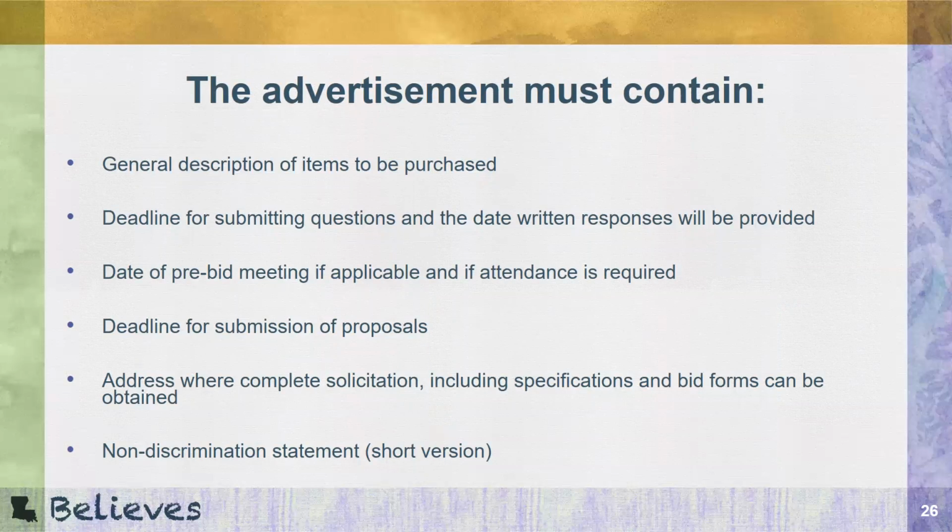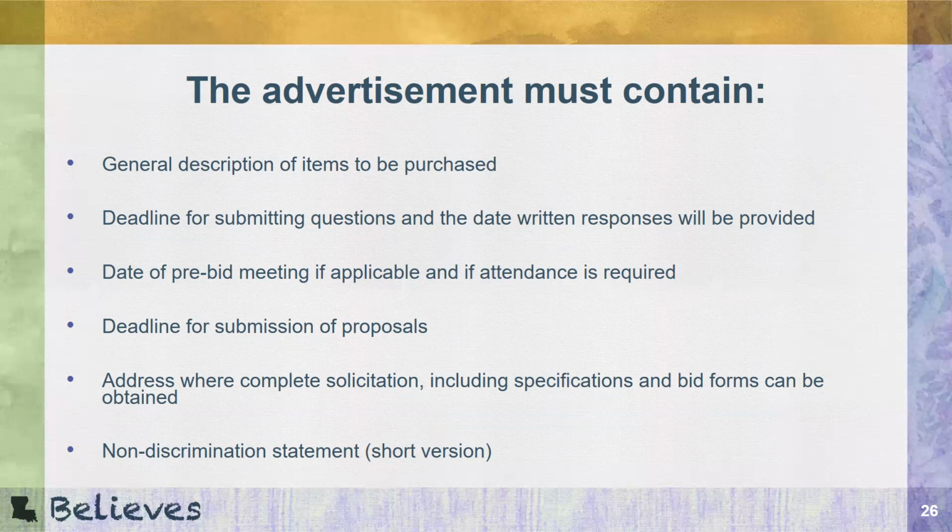Remember that your advertisement has to contain the following things: a general description of the items to be purchased, the deadline for submitting any questions, and when they're going to receive a response to their questions, the date of the pre-bid meeting, if there is a pre-bid meeting, the deadline for submission of proposals, and the address where the solicitation can be obtained.